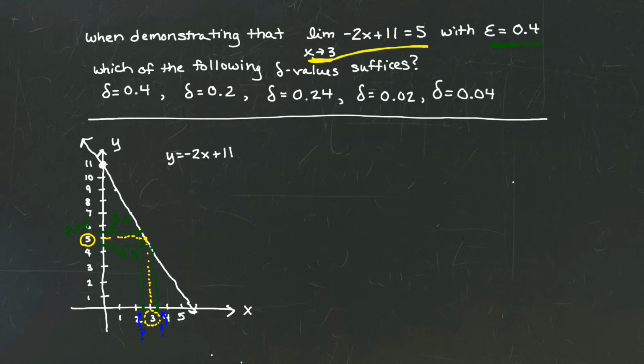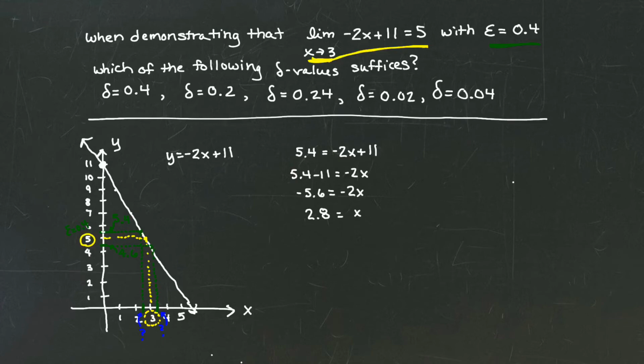So let's calculate those x values. Let's look at the upper band first. When y is 5.4, what is the corresponding x value? We take 5.4 minus 11 and divide by negative 2. 5.4 minus 11 is negative 5.6, and dividing by negative 2 gives us that x is 2.8.